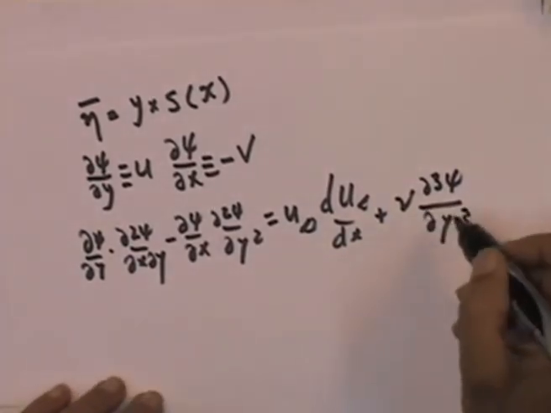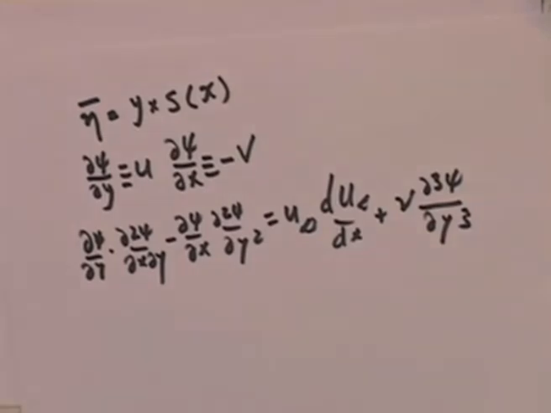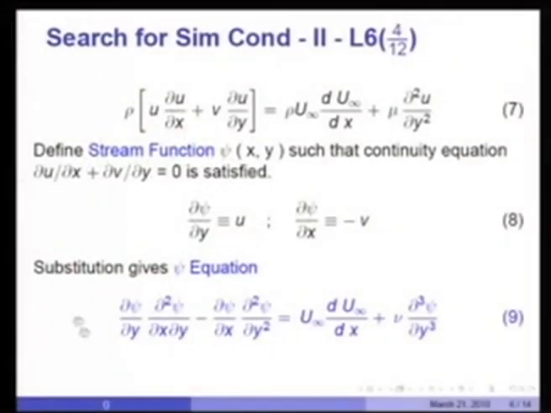So, this is the psi equation we would get, where psi already satisfies the continuity equation du by dx plus dv by dy equal to 0.